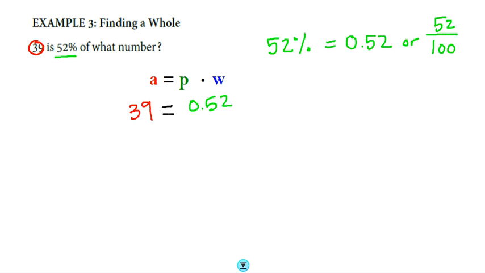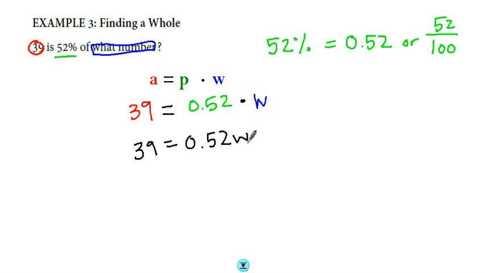And then we're going to translate of, that means to multiply in math, and what number, of what number? That is going to be the whole, but we don't know the number, so we're going to leave it as W, the variable. We're going to multiply both sides, so 39 stays, and 0.52 times W. Always remember to write the number first, and then the letter.